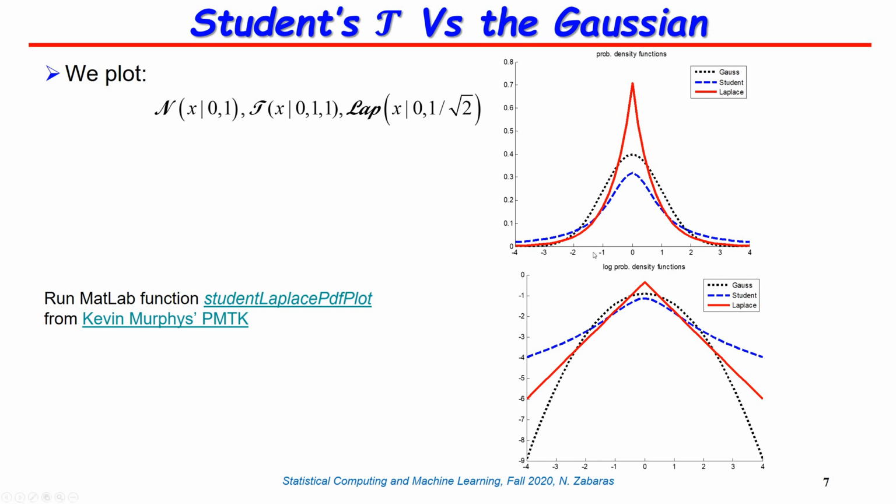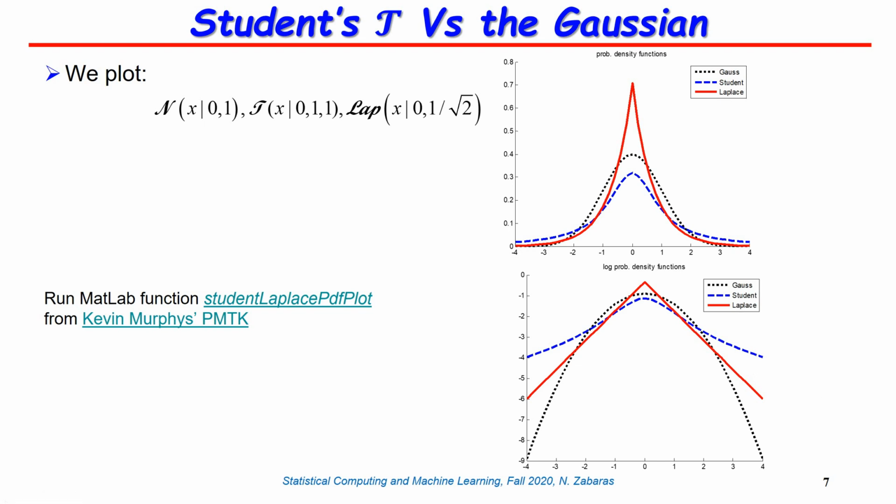So the three distributions sort of look the same, but when you pay close attention, you can again see that the student T distribution has heavy tails, and also you can see that the Laplace distribution has more probability mass around x equal to 0. The plot on the bottom provides the same distributions but in a log plot. So these are the logs of the three distributions.